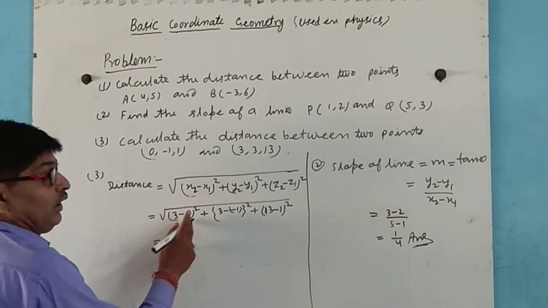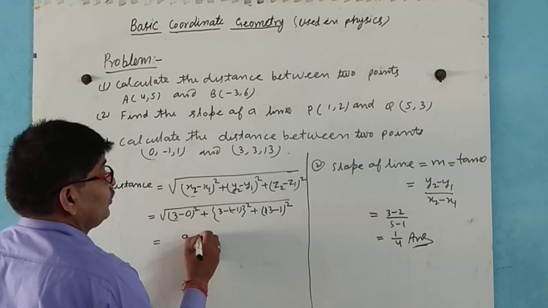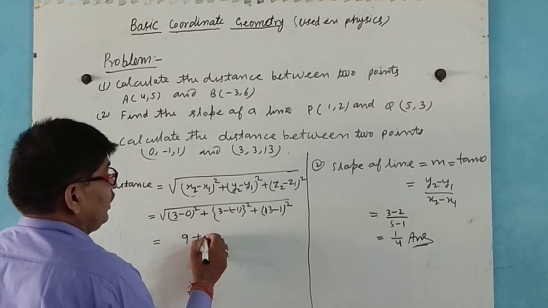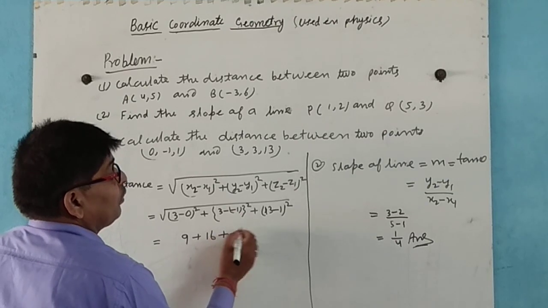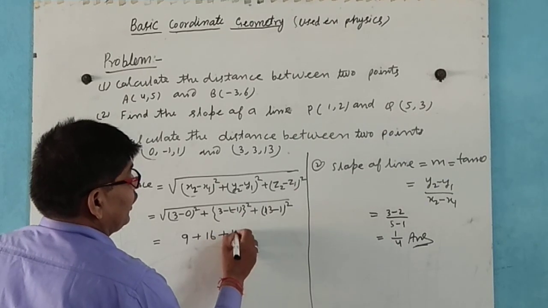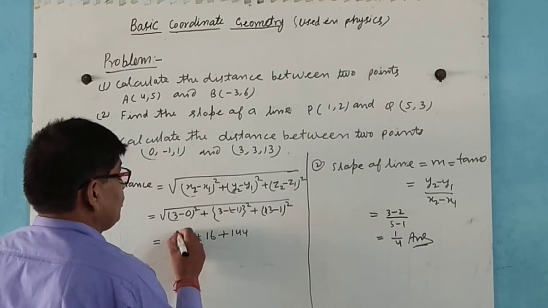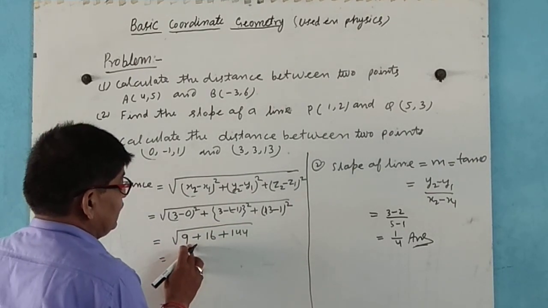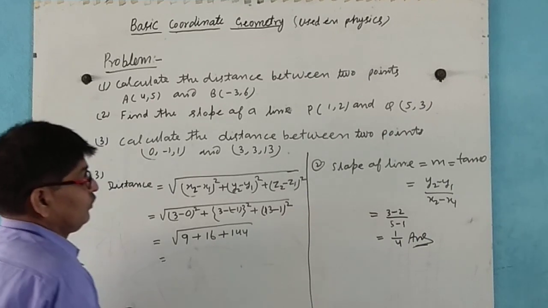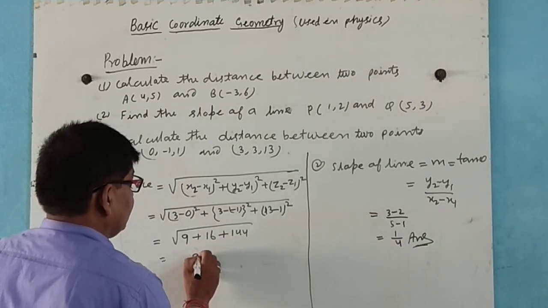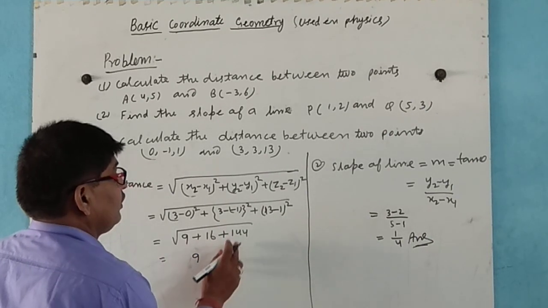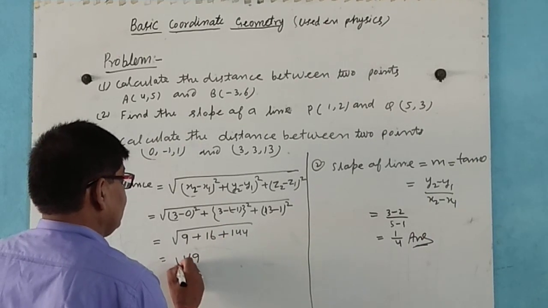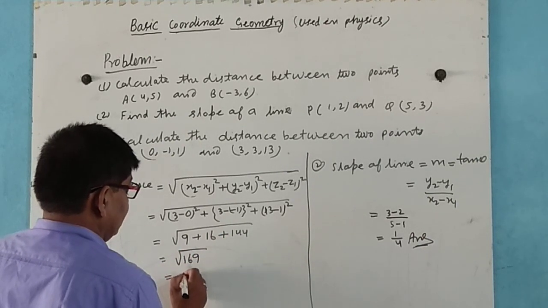Now 3 square is 9, plus 4 square is 16, plus 12 square is 144. And this is 9 and 16 is 25, plus 144 is 169.